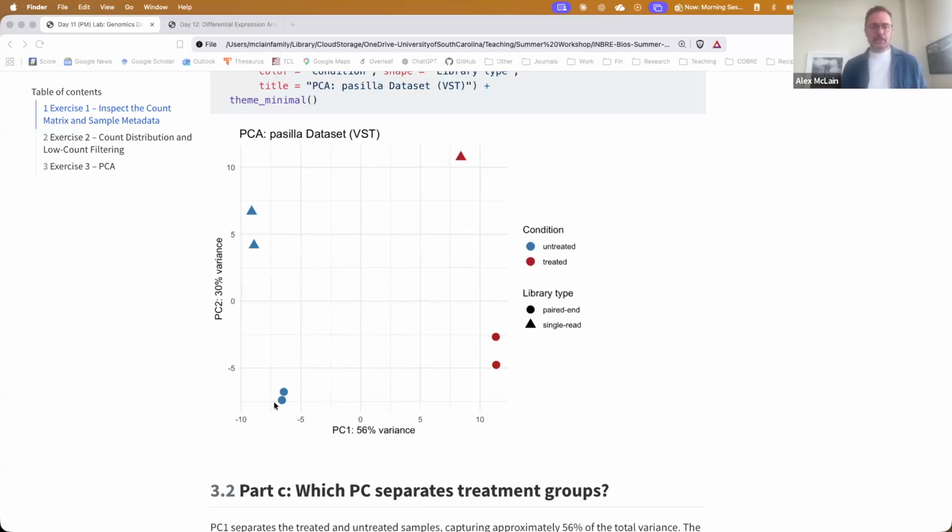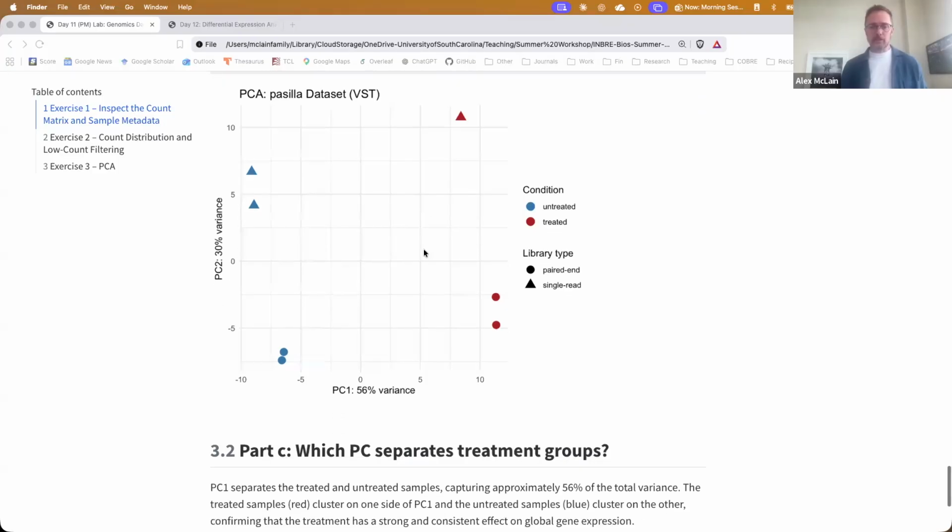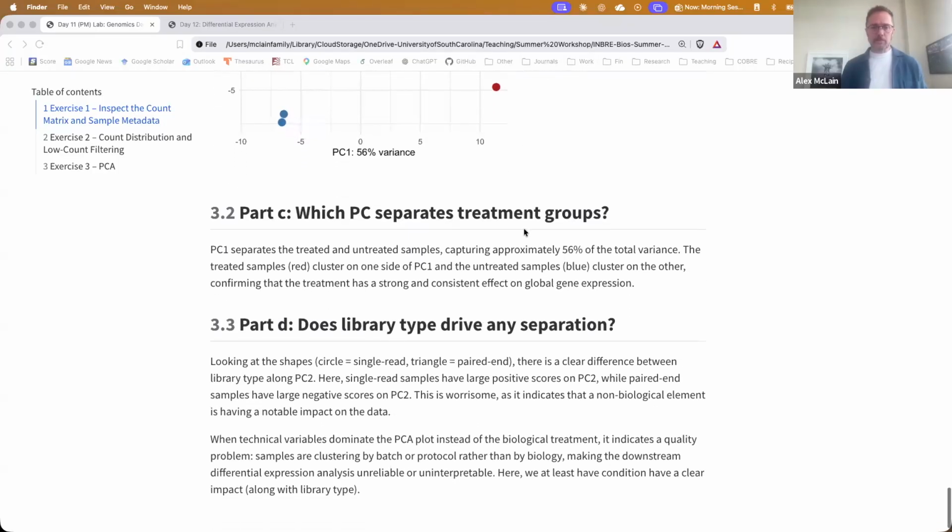Now, the saving grace here is that condition is sort of the main separator here when we look at PCA1, which is the PCA that accounts for most of the variance in the data. So that's a little bit of a saving grace, but a little concerning that we see library type having such a big influence here.